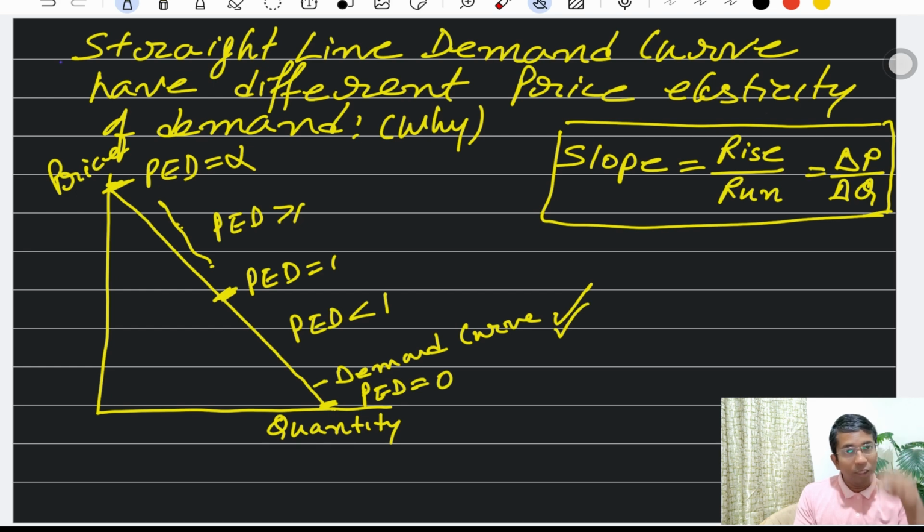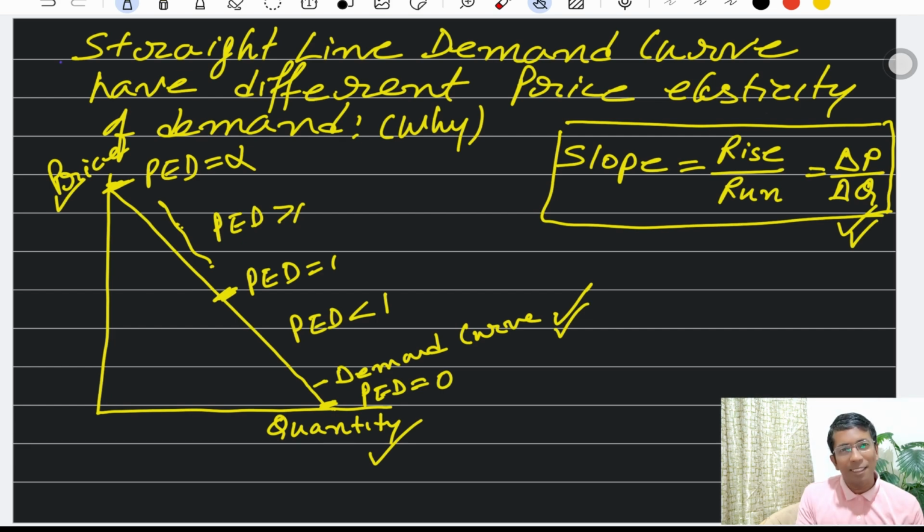Rise is on the vertical axis, the y-axis, and the run is on the x-axis. In this diagram, rise is nothing but the price and run is nothing but the quantity. So we have changed it to delta P over delta Q, as you can see here. Now let's try to prove this.